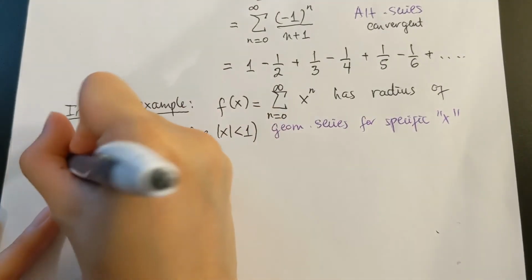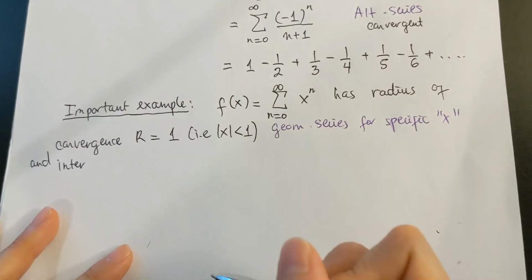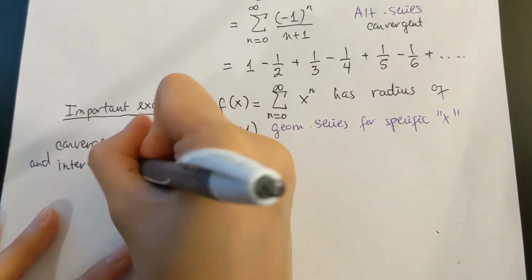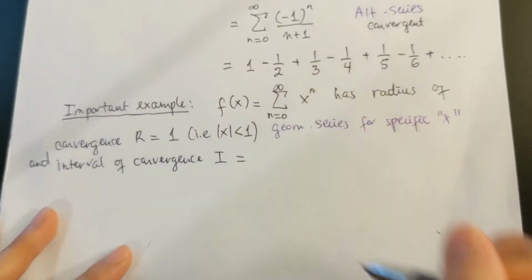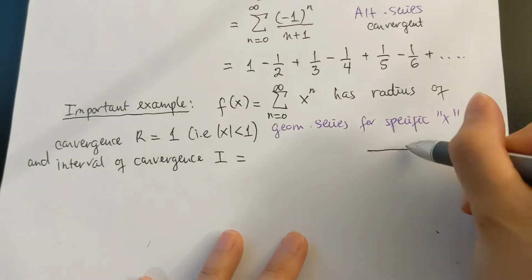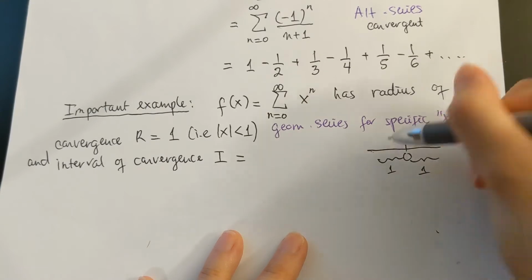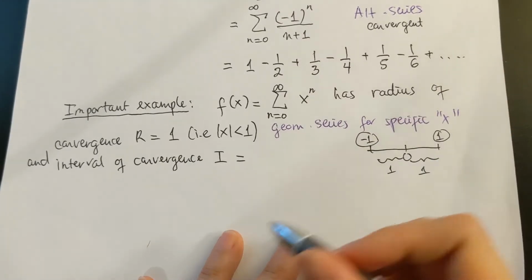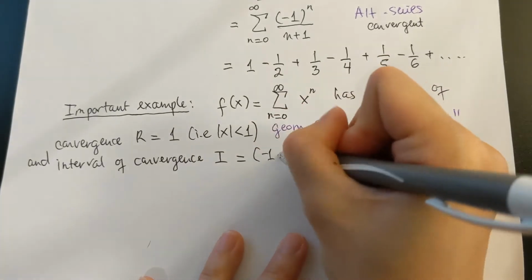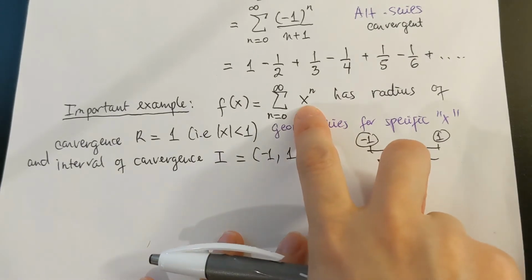And the interval of convergence: so this is centered at 0. Okay, radius of convergence is 1. So here's minus 1 and 1. So the interval of convergence is from minus 1 to 1. And we cannot include endpoints because when x is 1, the series diverges.